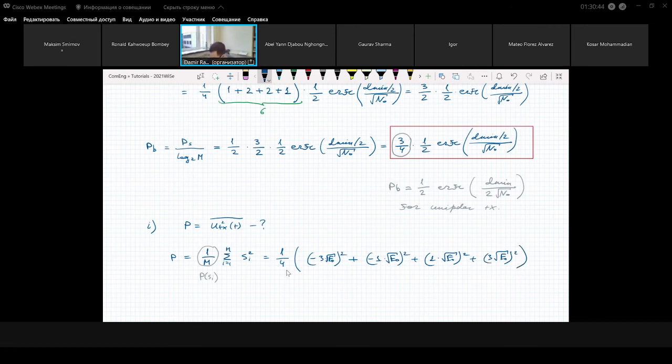We have this expression, and if we calculate, we get that the average power will be 5 times E0. Okay, this is our average power.